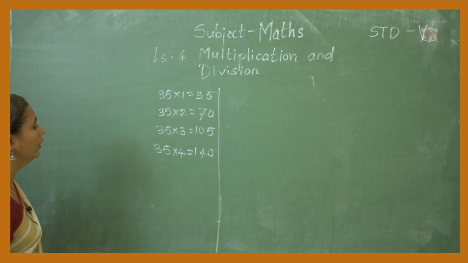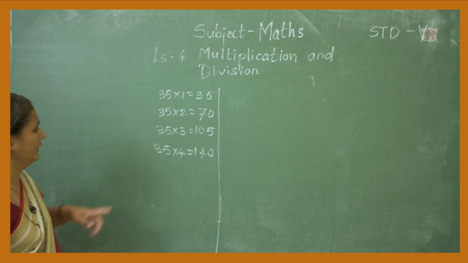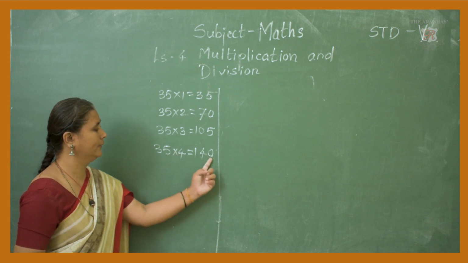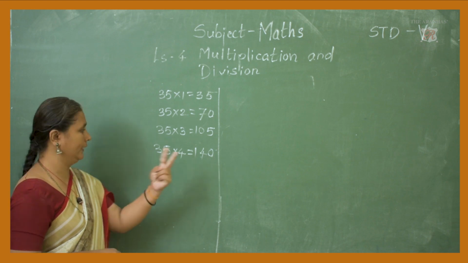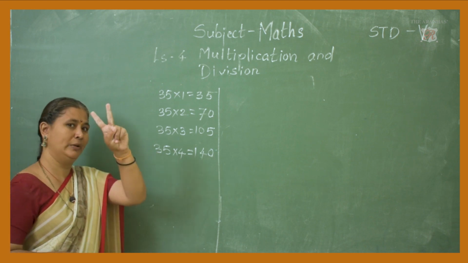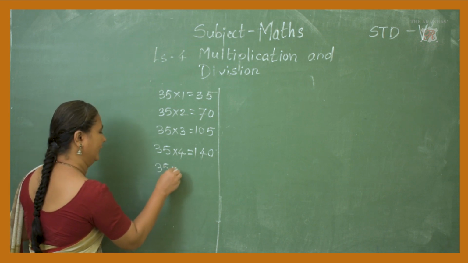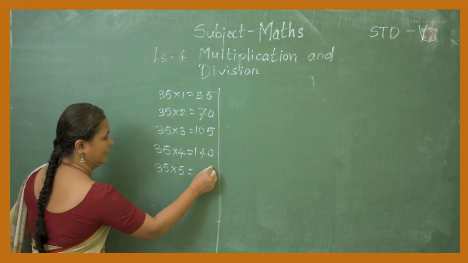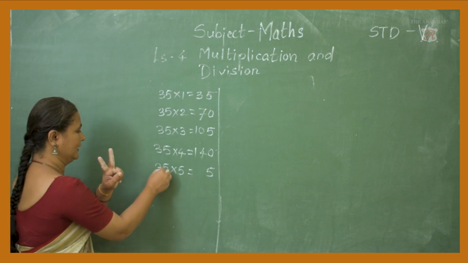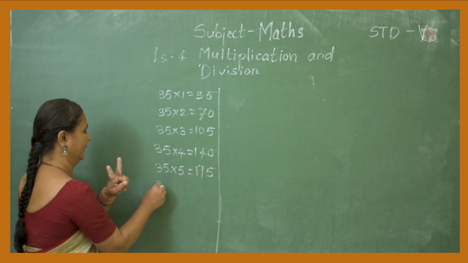So 35 into 4, we are getting 140. Check it. 4 5s are 20. 0 to 4, 10. 4 3s are 12, 12 plus 2, 140. Then 35 into 5. 5 5s are 25, 2. 5 3s are 15, 16, 17.